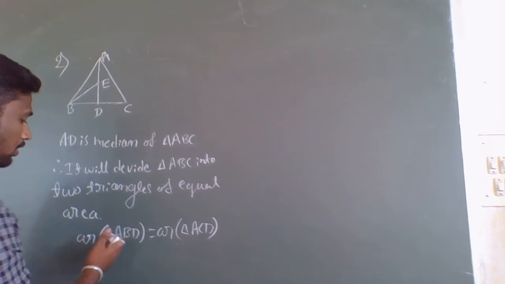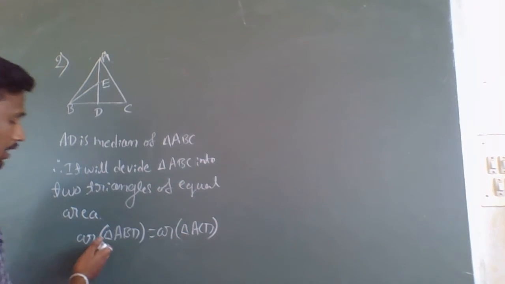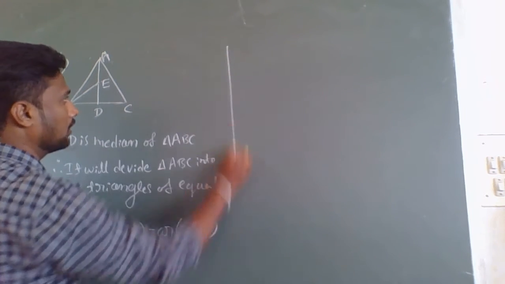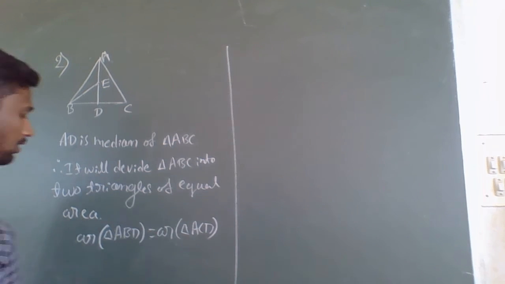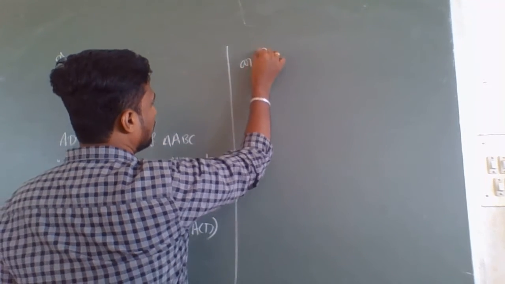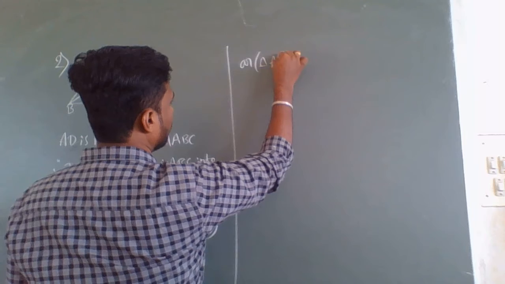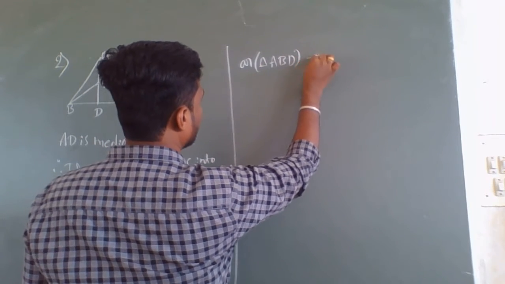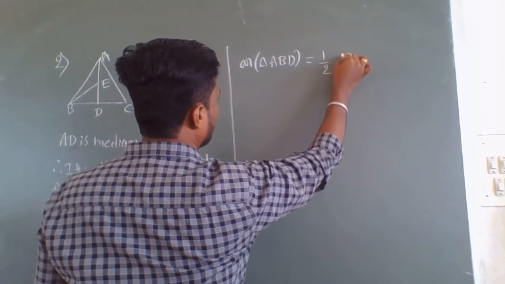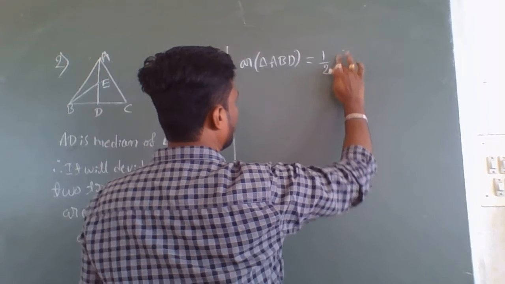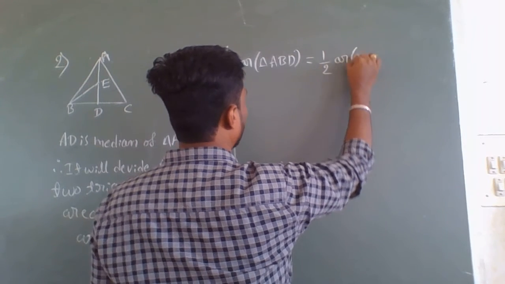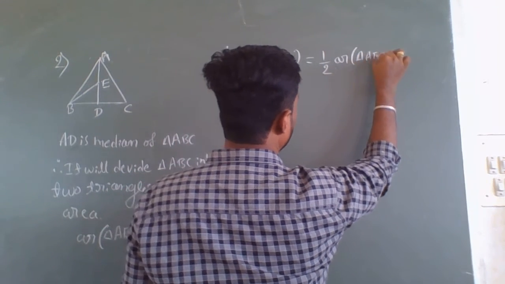So now, if these two triangles are equal in area, then we can write that area of triangle ABD equals 1 by 2 of area of triangle ABC.